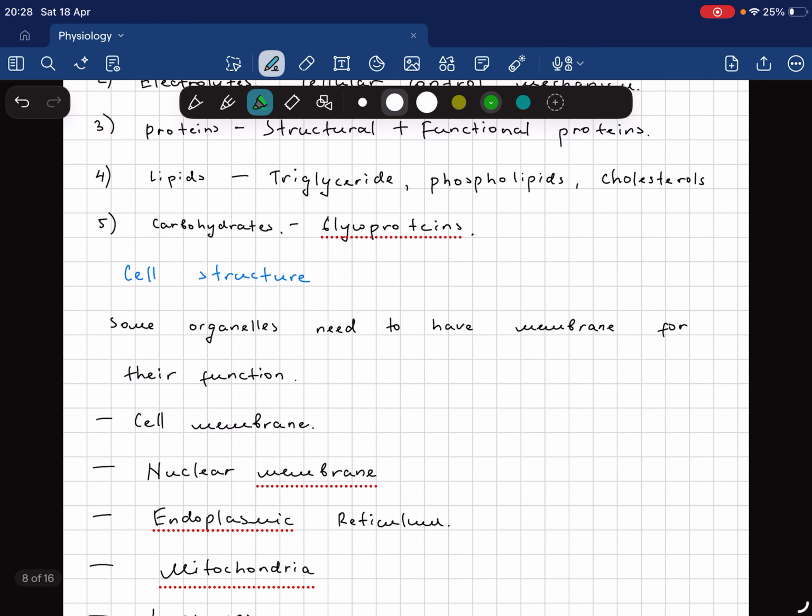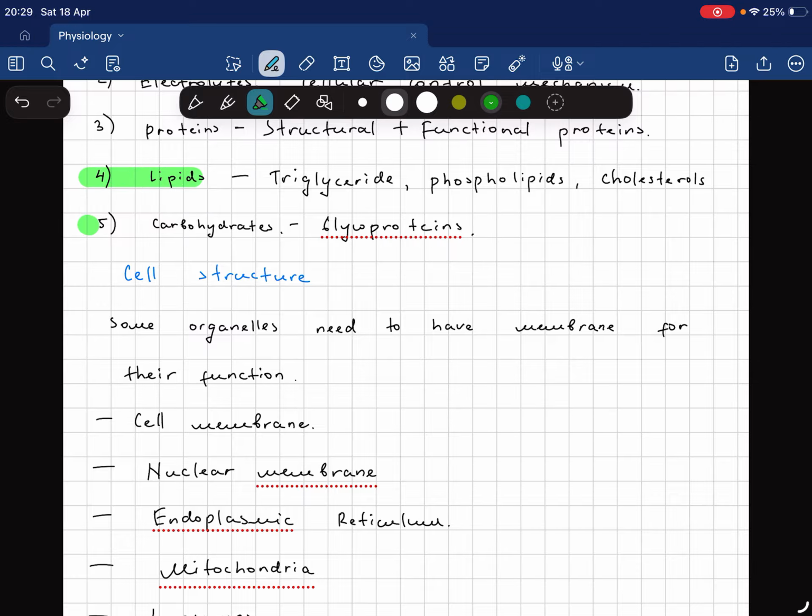There are so many lipids, and I wrote down 3 examples: triglyceride, which is 1 glycerol molecule and 3 fatty acids, and phospholipids, the building block of the cell membrane, and cholesterol, the main component of the steroid hormones, right? Okay.